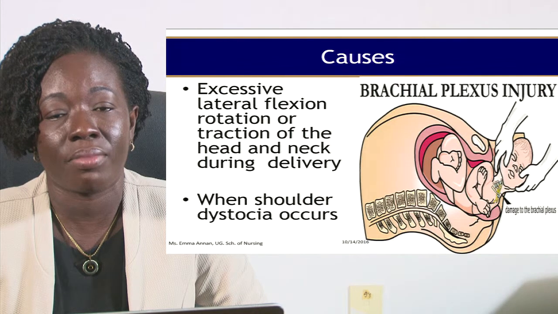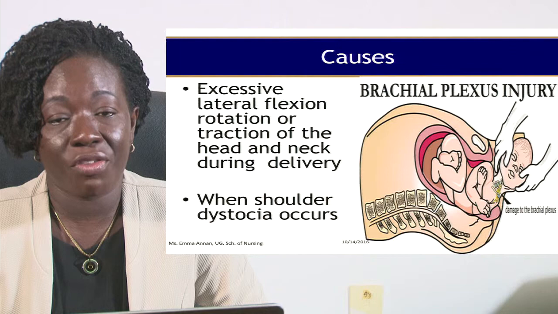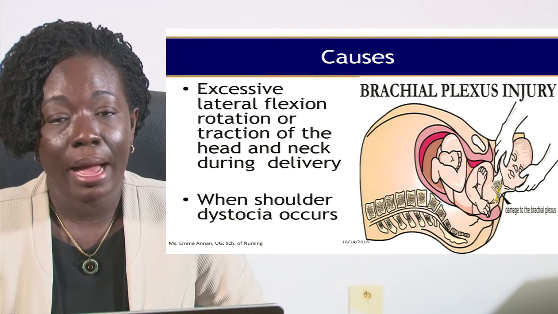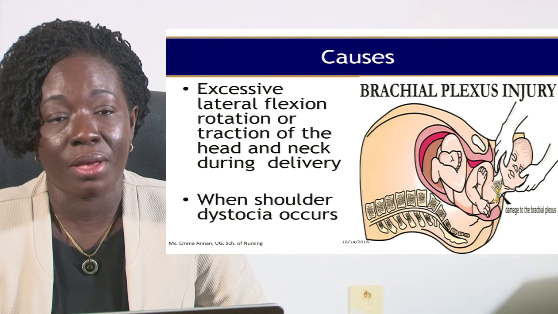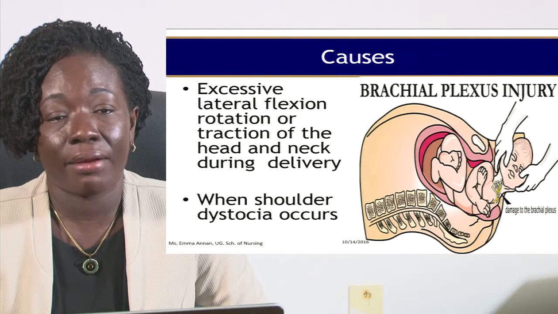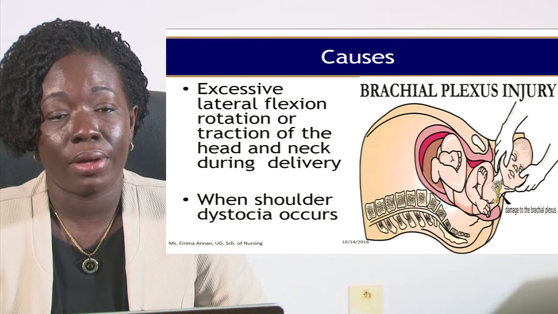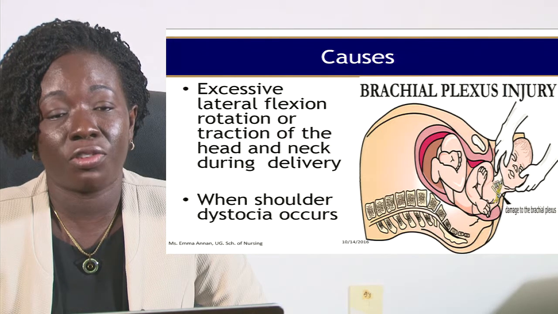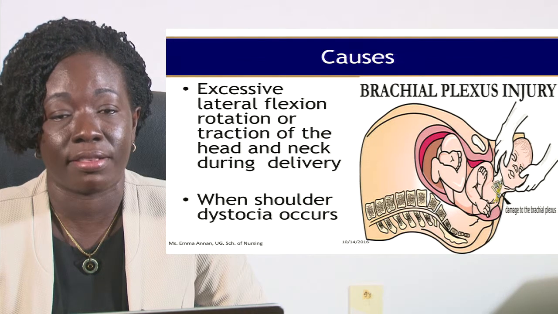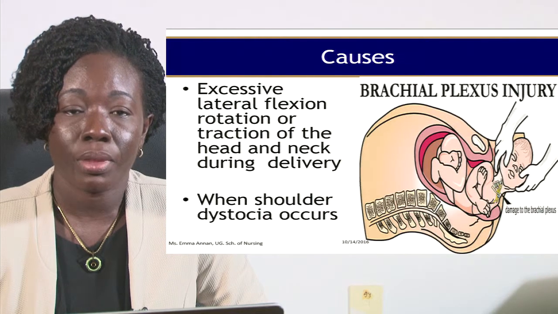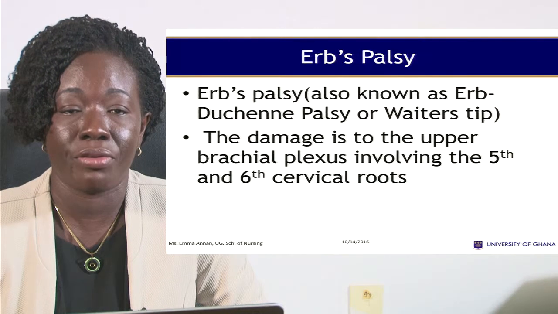So as you can see from the image, the midwife is trying to pull the head, trying to deliver the baby. So if there is excessive lateral flexion rotation, it's going to lead to the injury. Also, when shoulder dystocia occurs, it can lead to brachial plexus injury.